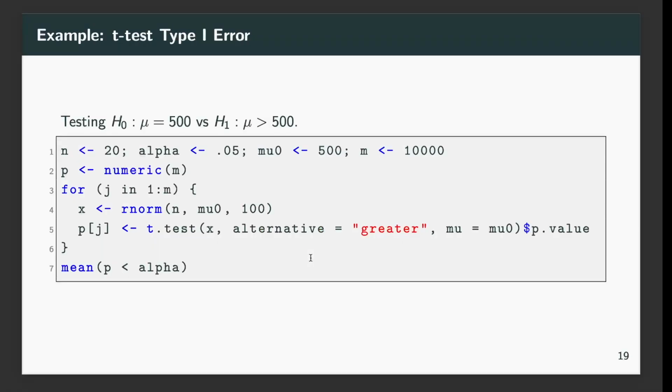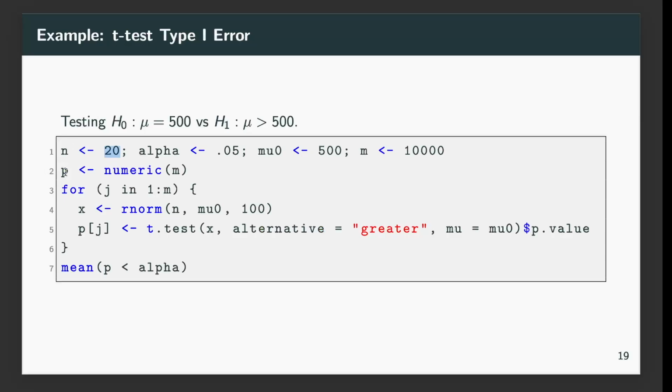Now let us walk through the example. This is the case of the one sample t-test, and we want to test whether the type 1 error rate is close to the nominal alpha of 0.05. The number of samples for each run is 20, alpha is 0.05, mu is equal to 500, and the number of replicates is 10,000.